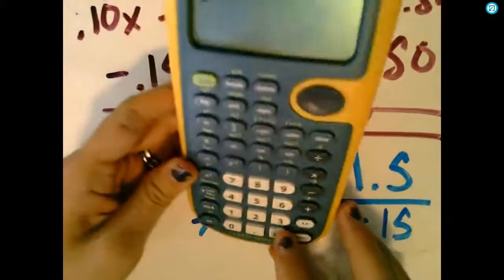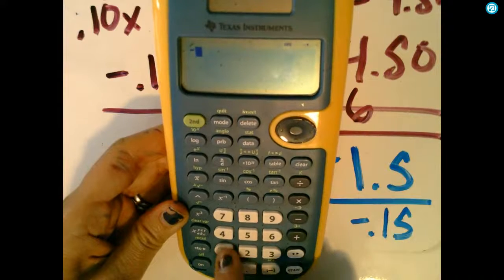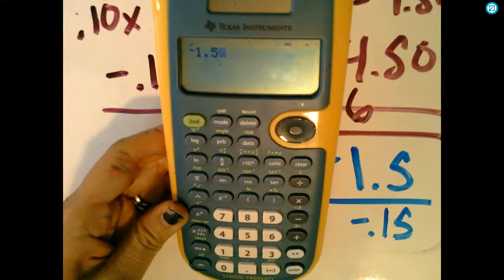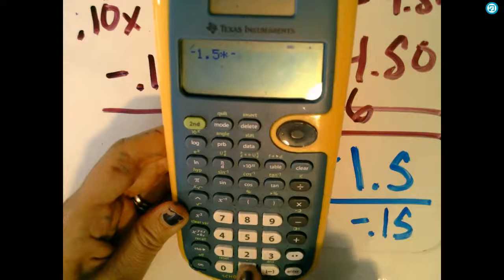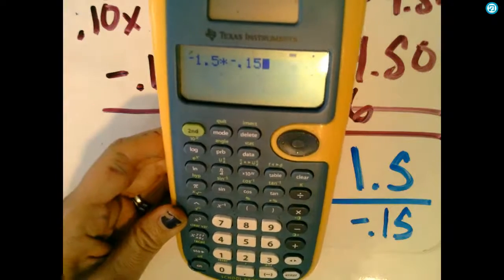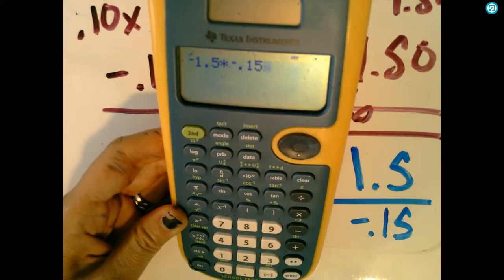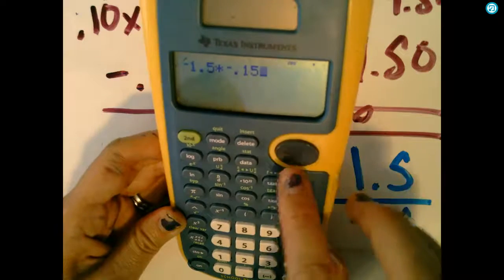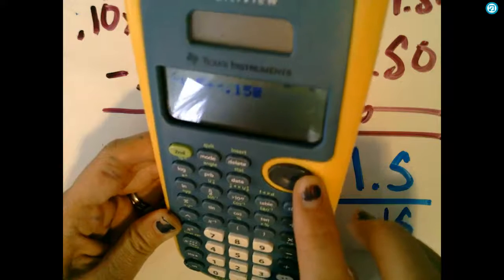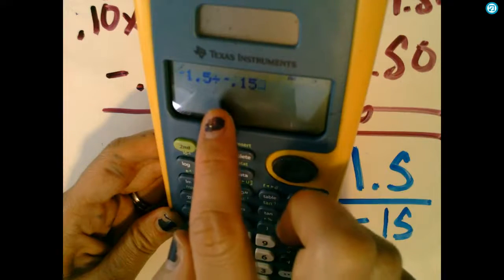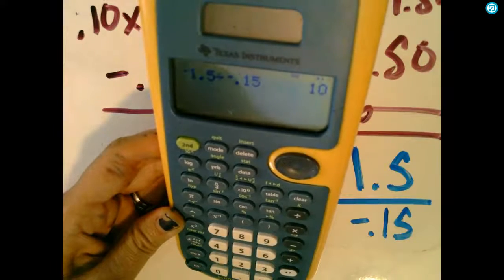So on my calculator, here's the negative button, 1.5 divided by negative 0.15. They're almost the same numbers. You've got to be really careful with the decimal point. Oh, and I did times. Should be divided. Negative 1.5 divided by negative 0.15. Enter. We get positive 10.